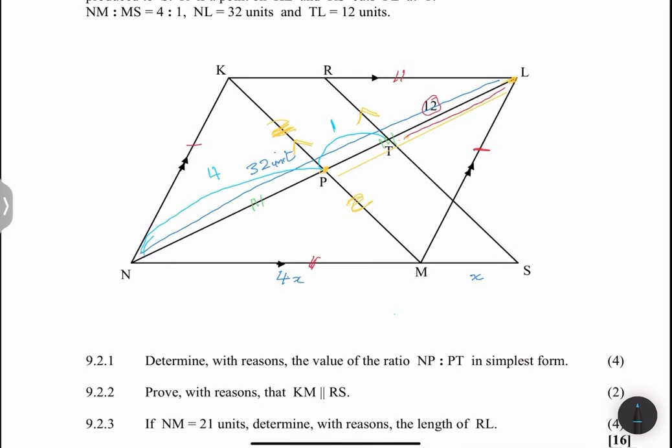But notice, at the same time, the relationship between NM to MS. Do you see that it's the same? It's 4:1. So it means that NP over PT is equal to NM over MS.